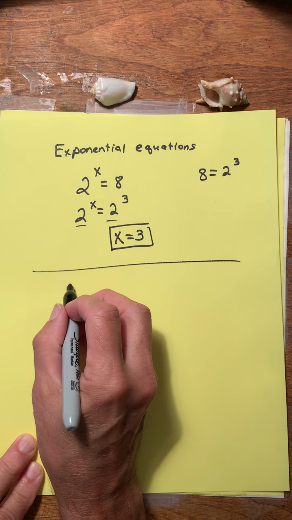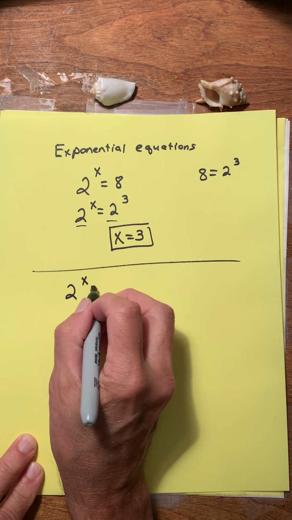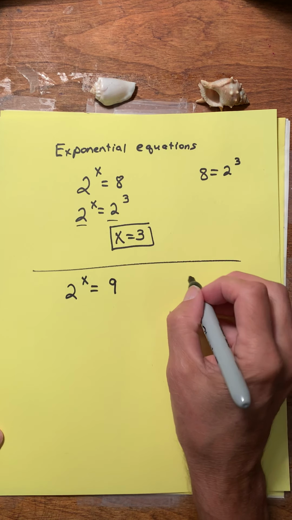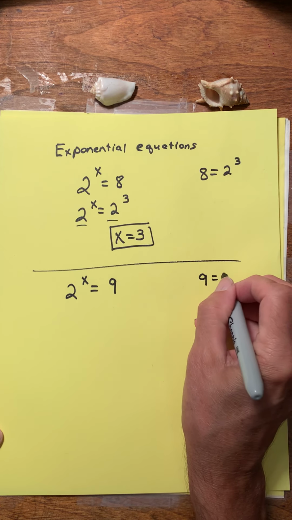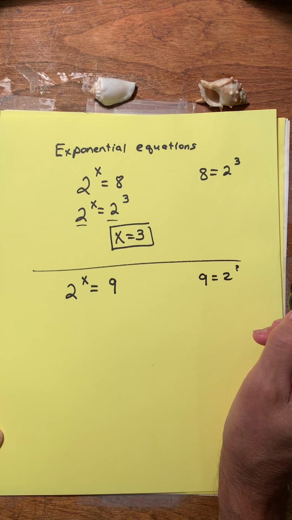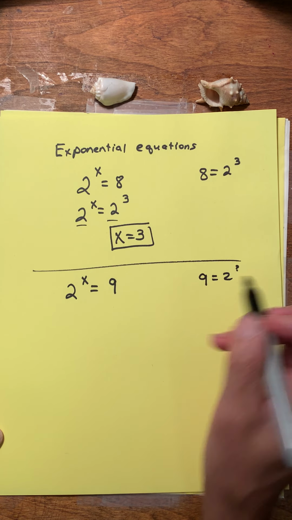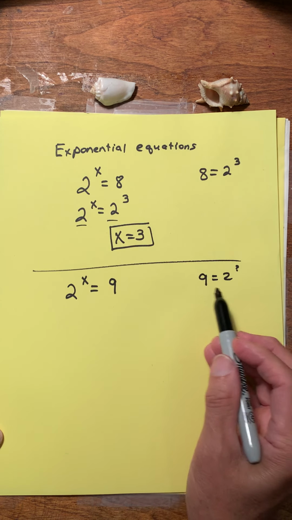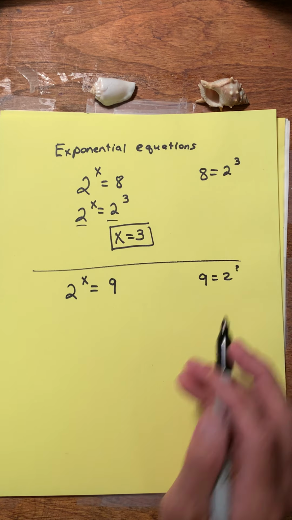All right, consider this. What if we had 2 to the x equals 9? Well, can I express 9 as 2 to some power? 2 to the third is 8, 2 to the fourth is 16, so no, I can't.